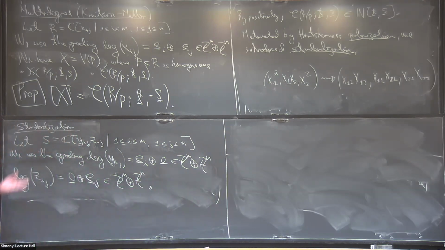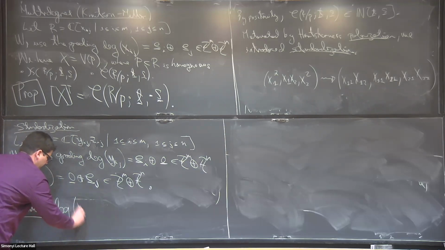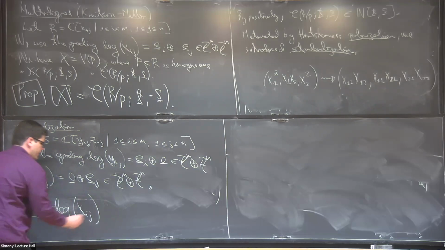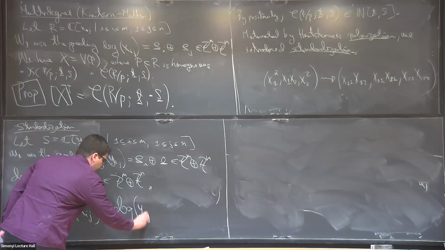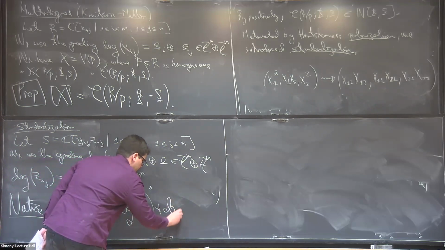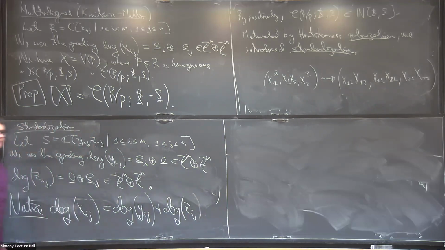Notice that the Proj construction of this S will be just a product of projective spaces. And really, the most important thing here is that the degree of X_ij is equal to the degree of Y_ij plus the degree of C_ij, which is what Hartshorne does here: something of degree 2, something of degree 3.